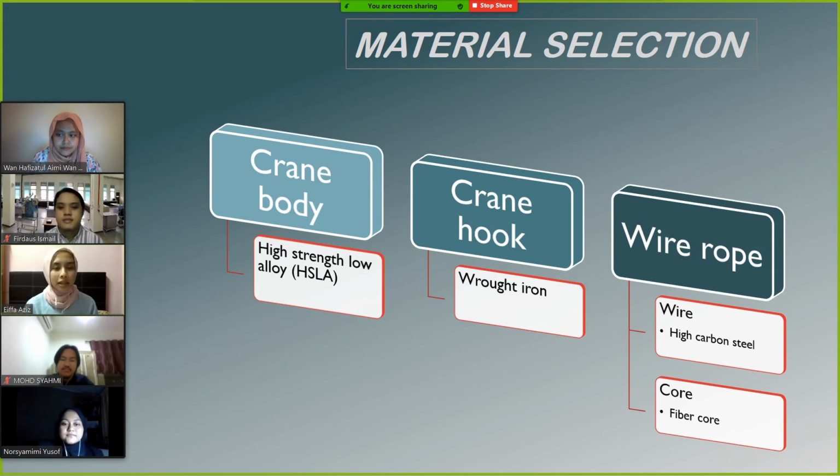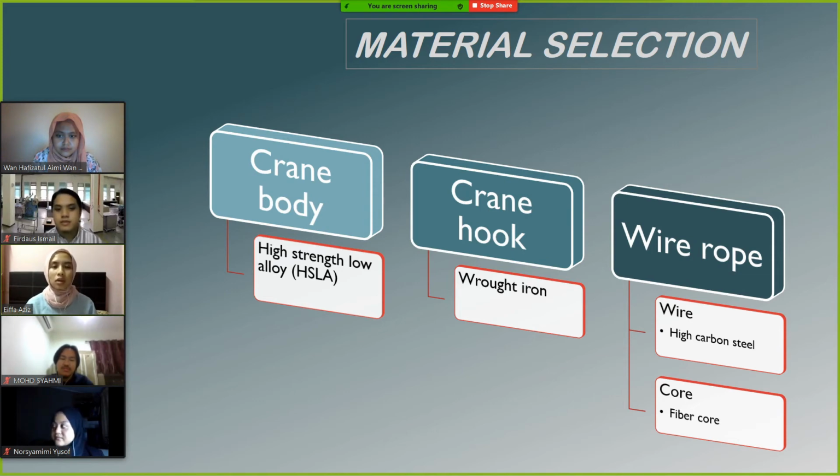Next, I'll be explaining on the selection of material. The selection of material of the 3 main components of the crane is done, which is the crane body, crane hook, and wire rope. For crane body, high strength low alloy, also known as HSLA, is chosen as it provides better mechanical properties than carbon steel, and it can lift very heavy loads.